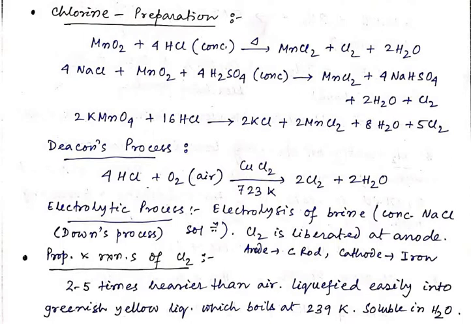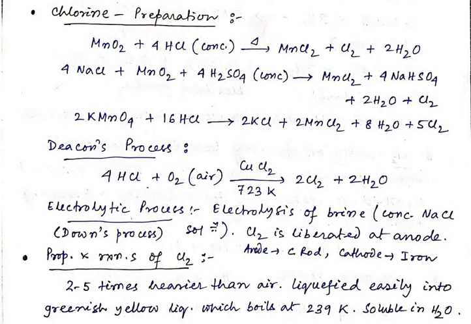Another process: suppose I have sodium chloride, and when it reacts with MnO2 in the presence of concentrated H2SO4, then we get Cl2 gas along with sodium hydrogen sulfate, or sodium bisulfate, and manganese chloride.